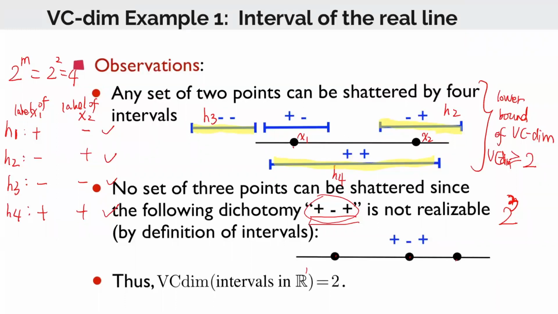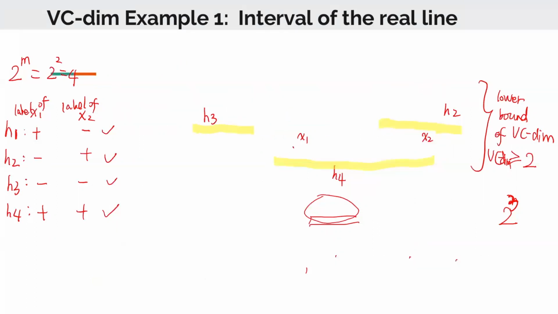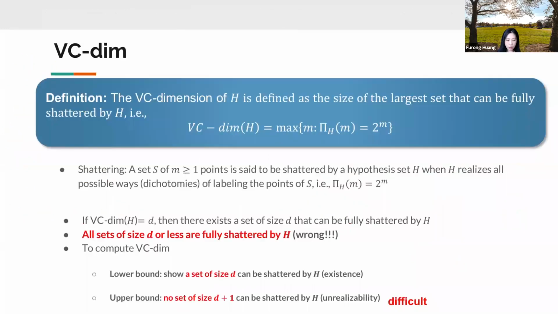Could you just answer that question by saying your fourth point will be the same as one of the other 3 points, and therefore if you couldn't shatter those 3, now you can't shatter these 4? Yeah, well, as long as you cannot find a set of size D plus 1, then your VC dimension shouldn't be greater than or equal to D plus 1.